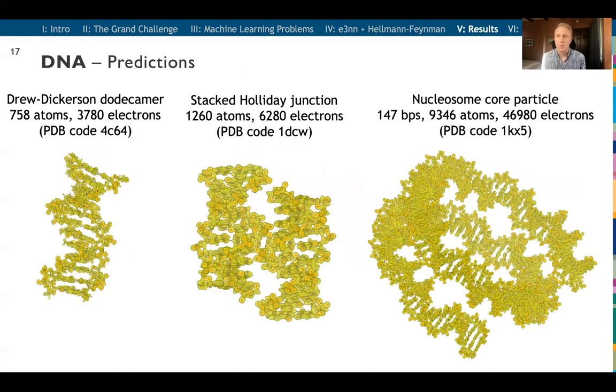And what's really cool is because of the scaling properties of our neural networks, you can do calculations that are completely outside of the realm of possibility for quantum mechanics. So here are some predictions on the canonical B-form DNA, the so-called Drew-Dickerson dodecamer, a stacked Holliday junction, which is really interesting to people that want to do structural design with DNA.